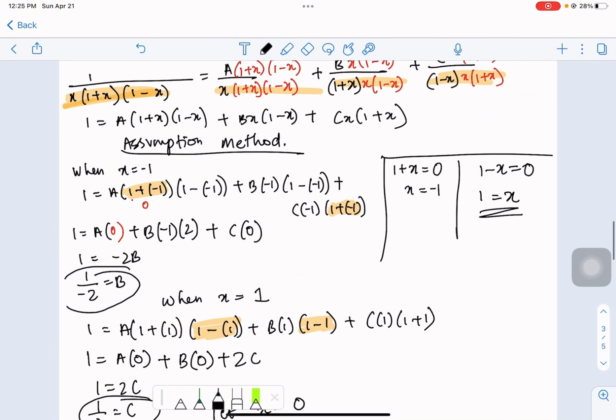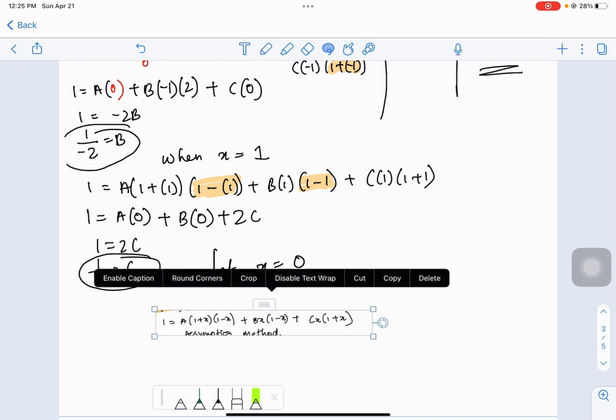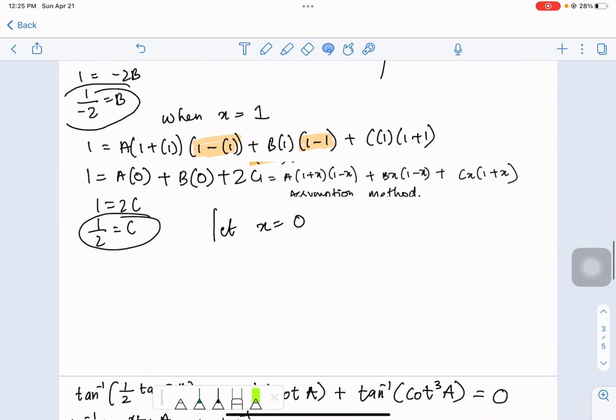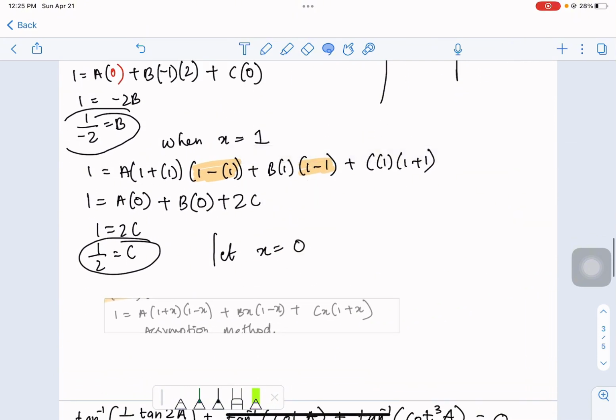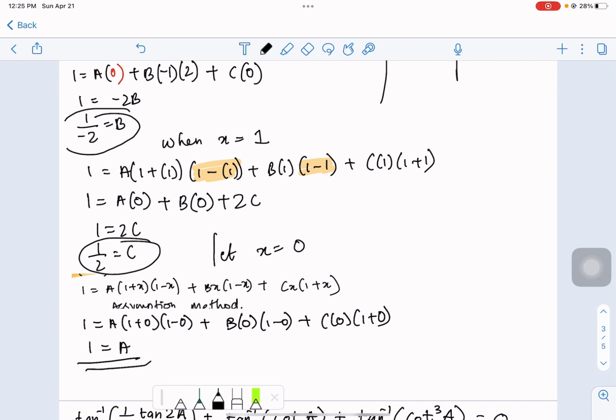So again in this equation, copy, paste. Now let x equal 0. So wherever there is x, replace by 0. So 1 equals 1 plus 0 is 1, so a, because everything else becomes 0.